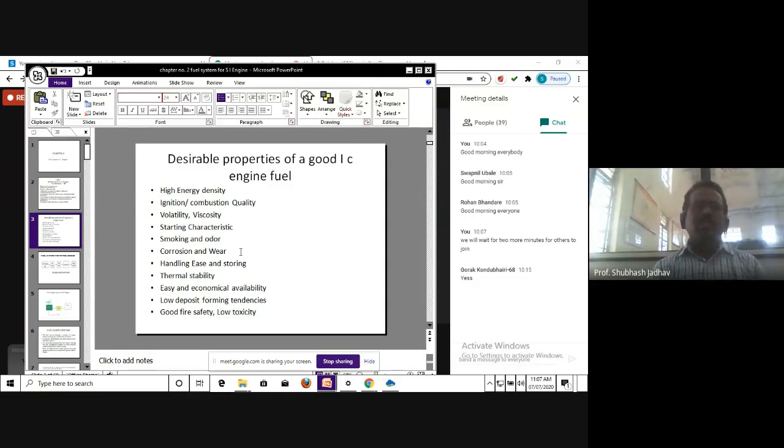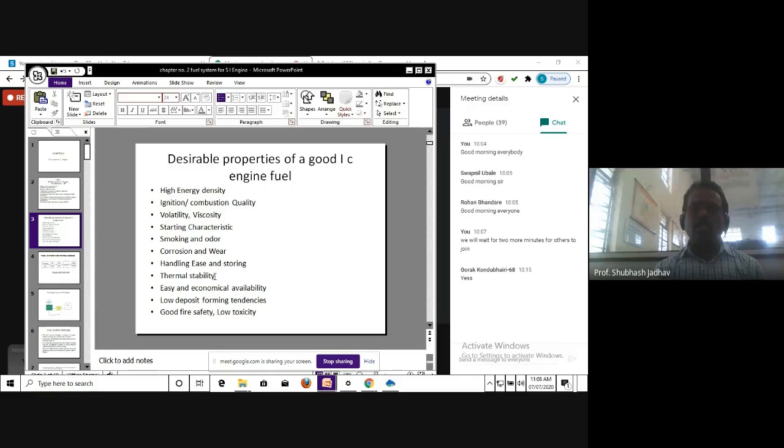Corrosion and wear. The corrosive tendency: the fuel should not be highly corrosive, and it should not help in wearing out the different components used in the fuel system. Handling, it should be easily handleable. Storing, it should be easily stored and easily transferred from one container to another, or one place to another place, etc. Fuel should be thermally stable.